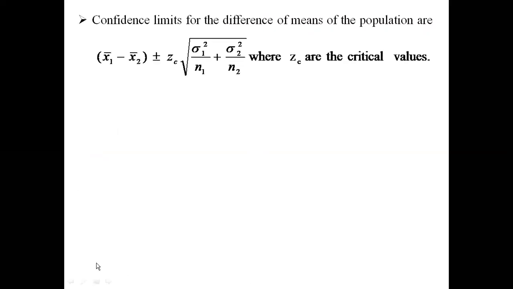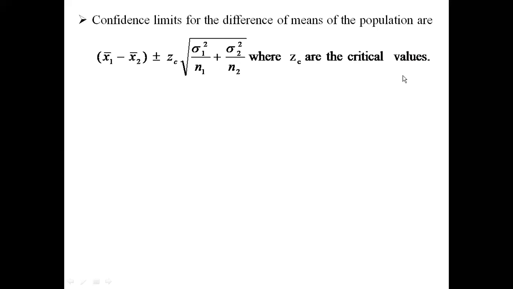Second point in the note, confidence limits for the difference of means of the population are x1 bar minus x2 bar plus or minus zc into square root of sigma 1 square by n1 plus sigma 2 square divided by n2, where zc are the critical values.